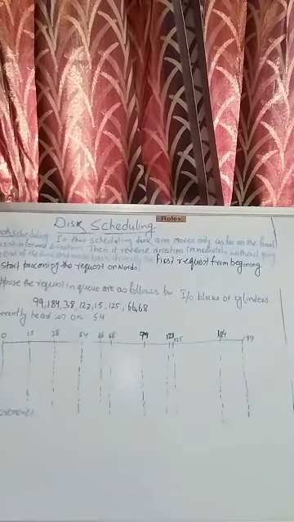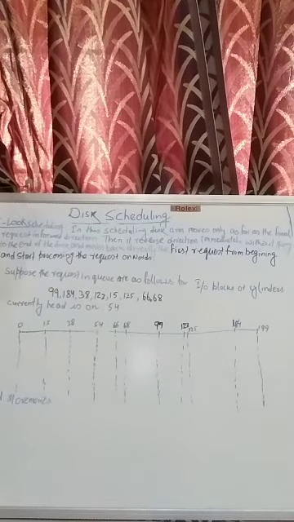So the issues in this scheduling, the C-look scheduling. In this scheduling, the disk head moves only as far as the final request in the forward direction, then it reverses direction immediately without going to the end of the disk and moves back directly to the first request from the beginning and starts processing the requests onwards.